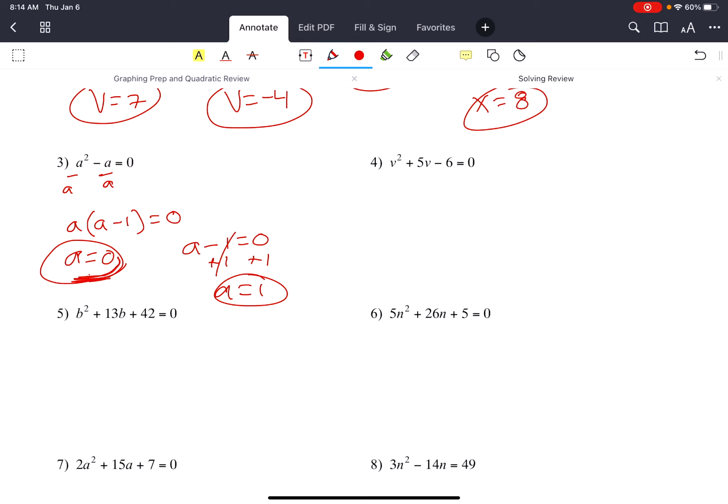Standard looks like this. If I want to go from standard to factored, I follow the arrows, right? And it says box with puzzle, right? Okay. So I'm going to find two numbers that add to 5 but multiply to -6.